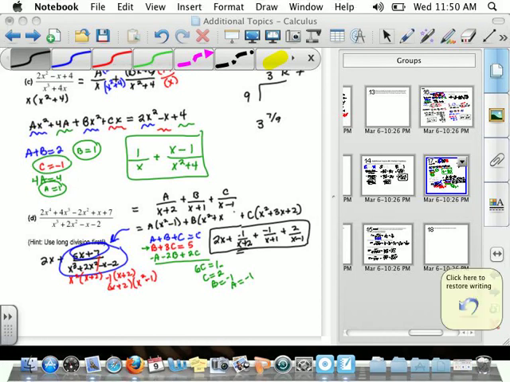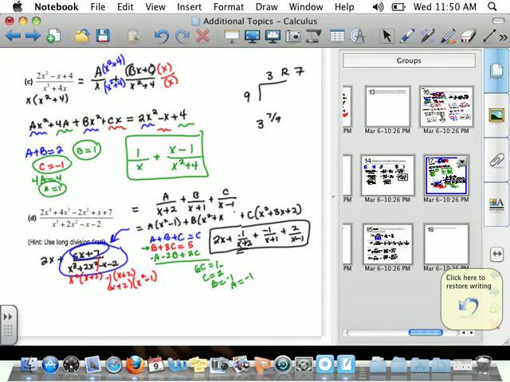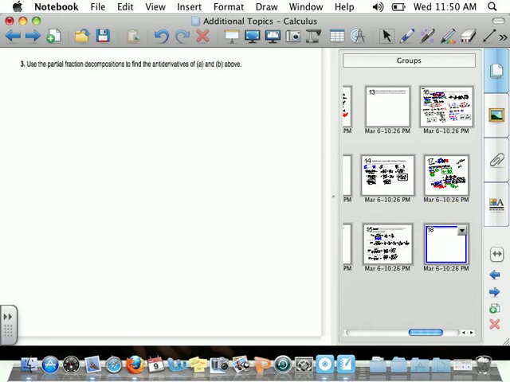Okay, do you guys all know how to integrate these? Do I need to do the next part of it? The actual calculus part of it? So it says use partial fraction decompositions to find the antiderivatives of A and B above. Okay, so what was A? Let me just explain it real quick.